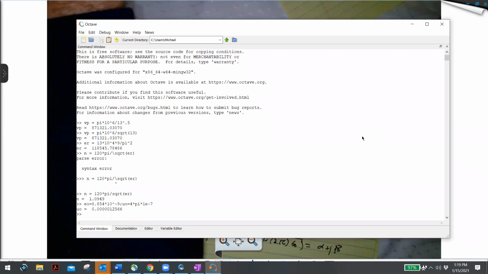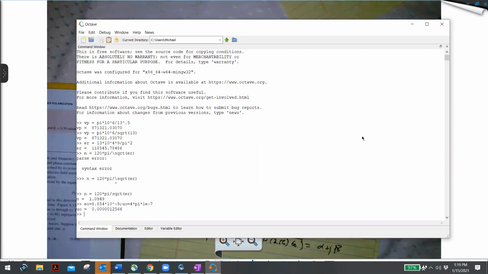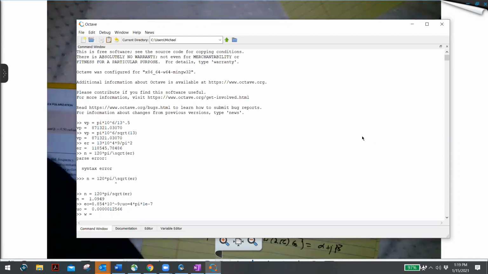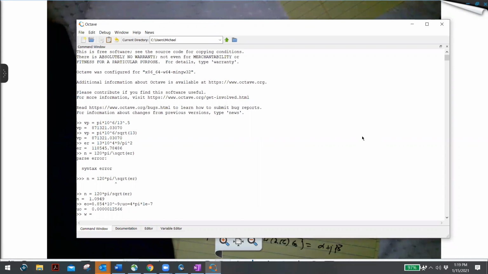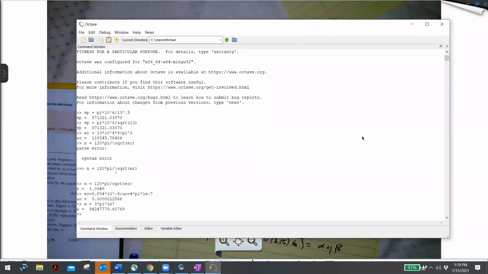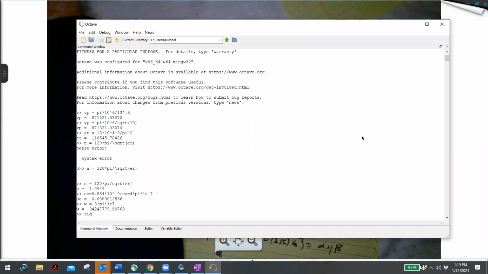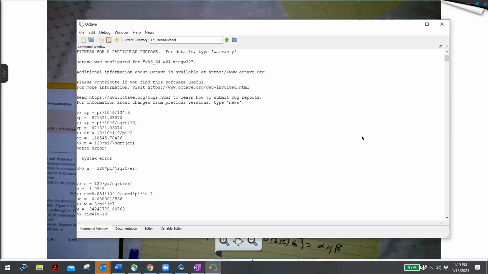And let's see, what else? Omega is equal to 3 pi times 10 to the 7th. All right. And sigma, I'll just use sig, equals 1e to the minus 16th. I think that's everything, isn't it, guys?